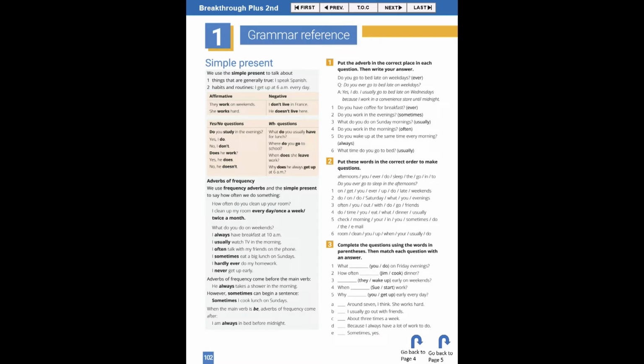You'll notice I clean. We don't say I cleaning my room. We say I clean my room. Simple present tense. Or when we answer WH questions, what do you do on weekends?